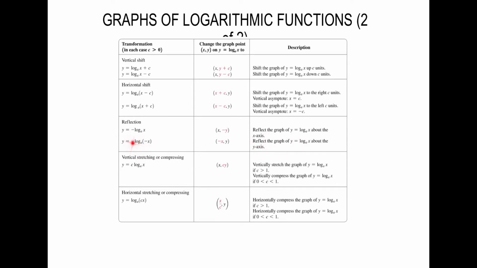Also, if we have a negative in front, we've negated it as well. Okay, and then we have the stretching or compressing, and I wouldn't worry so much about that last one there. Think of it only in vertical terms of stretching and compression.